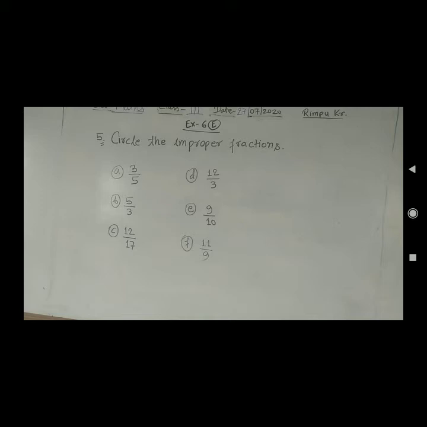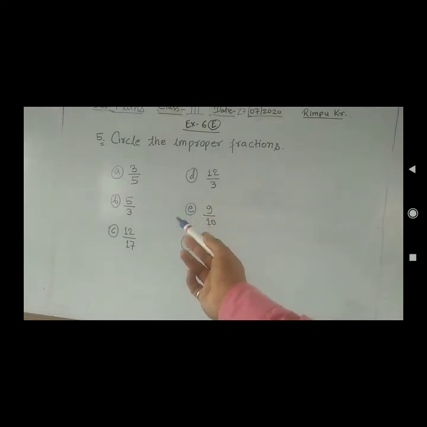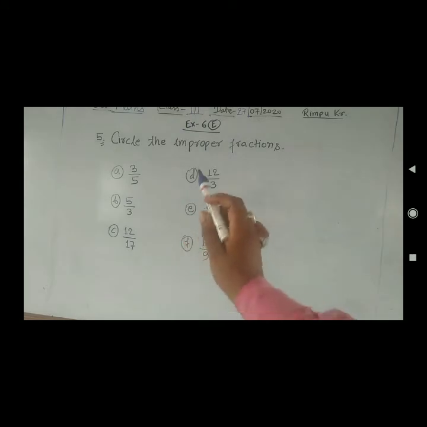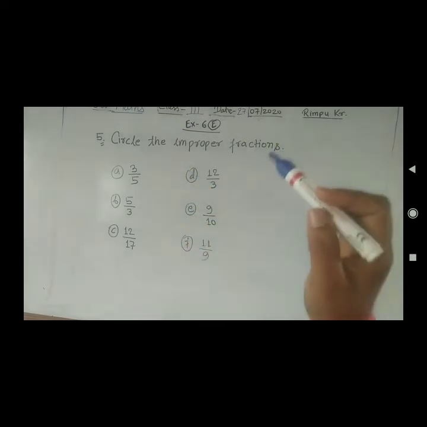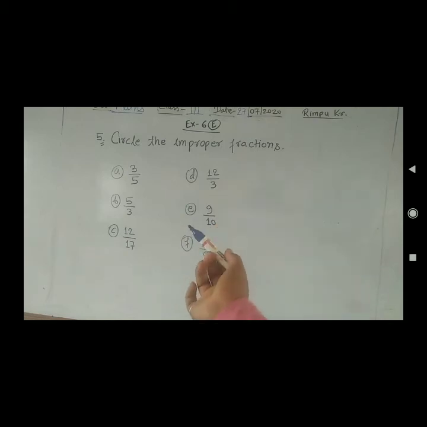In question 5b, you can see the numerator is 5, the denominator is 3, and 5 is greater than 3. That means the numerator is greater than the denominator. By this way, 5/3 is an improper fraction, and according to the question you have to circle it.